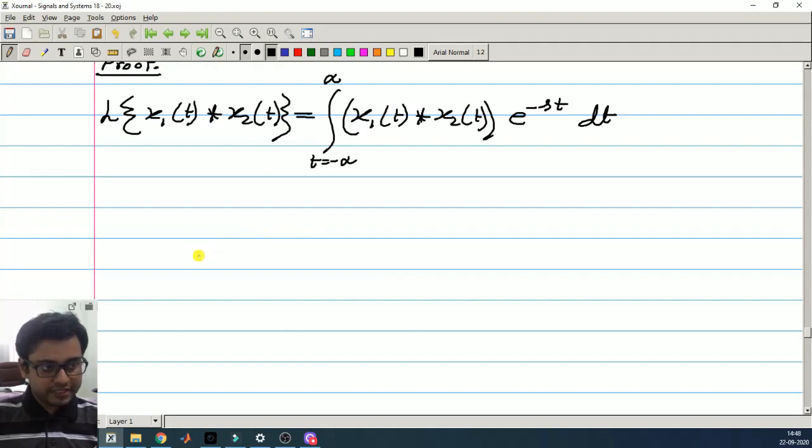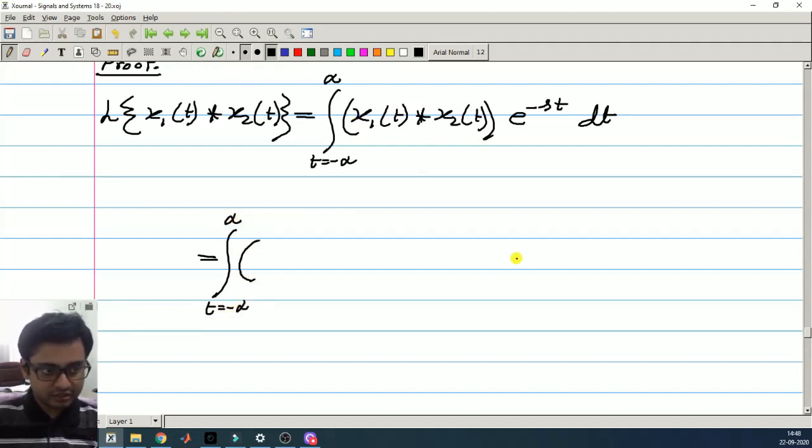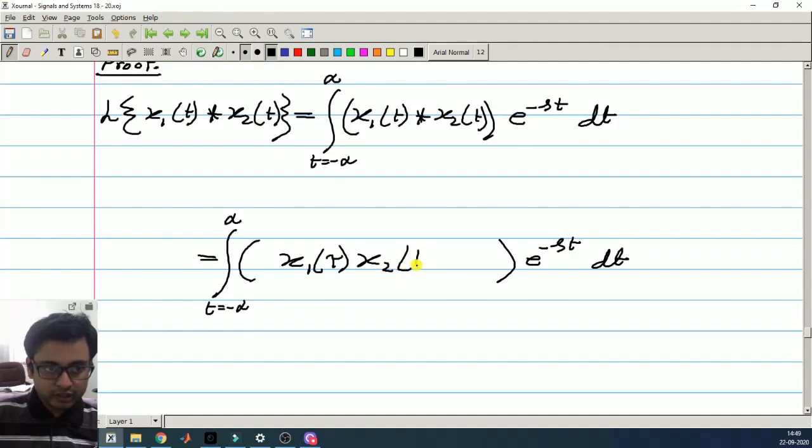Now this is same as integration t from minus to plus infinity, this convolution multiplied with e to the power minus st dt, and now let me put the formula of convolution here. So that will become x1(tau) x2(t minus tau) d tau integrated over tau equal to minus to plus infinity.